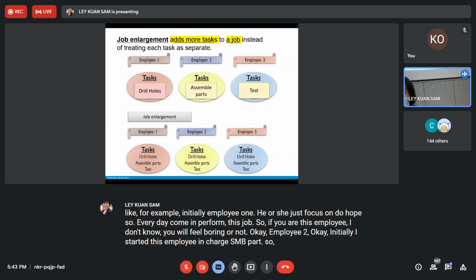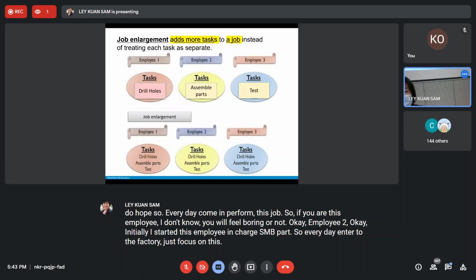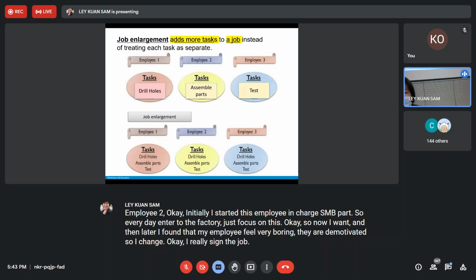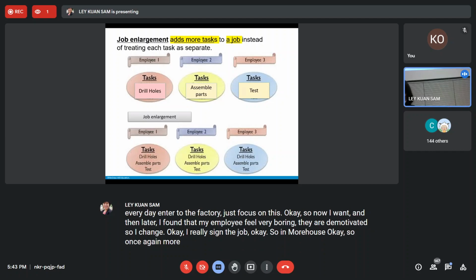Every day enters the factory and just focuses on this. Later I found that my employees feel very bored and demotivated. So I redesign the job and add more tasks here. Once I add more tasks, my employee will not feel that bored.